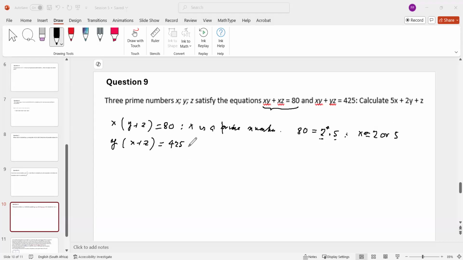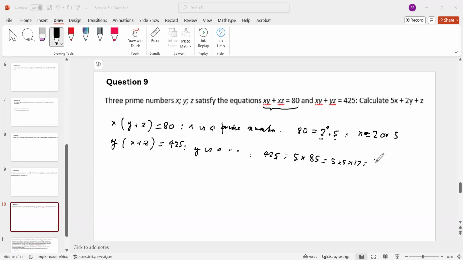And the same kind of thing here now: y is a prime number also, a factor of 425. And again, you have to factorize this. 5 goes into this 85 times. 5 goes into 42 8 times, remainder 2, and 25. 5 still goes into this, so this is 5 times 5 times 17.